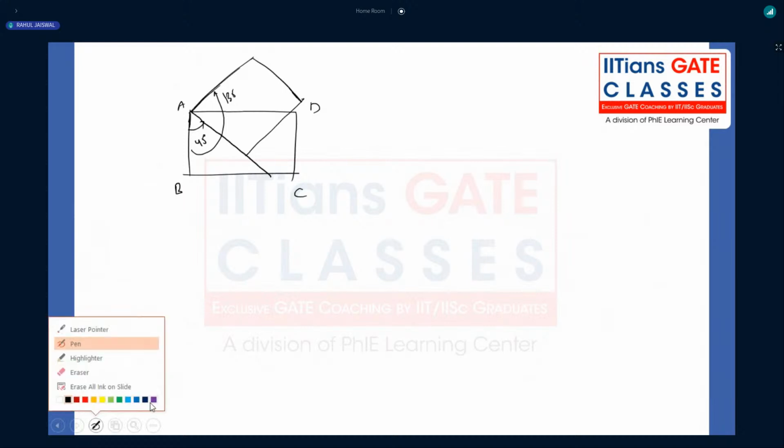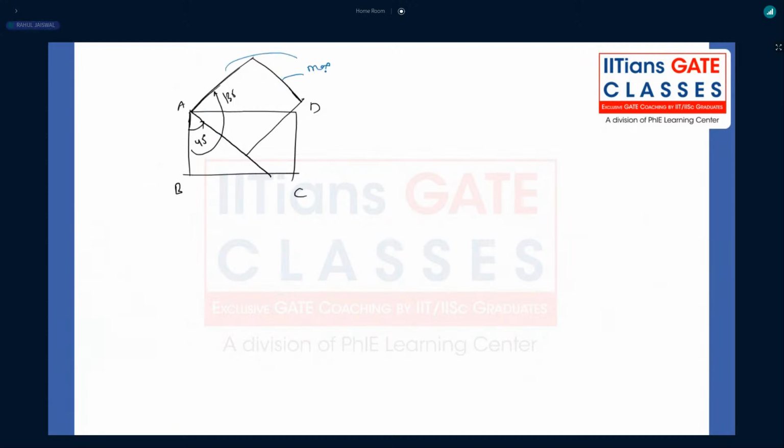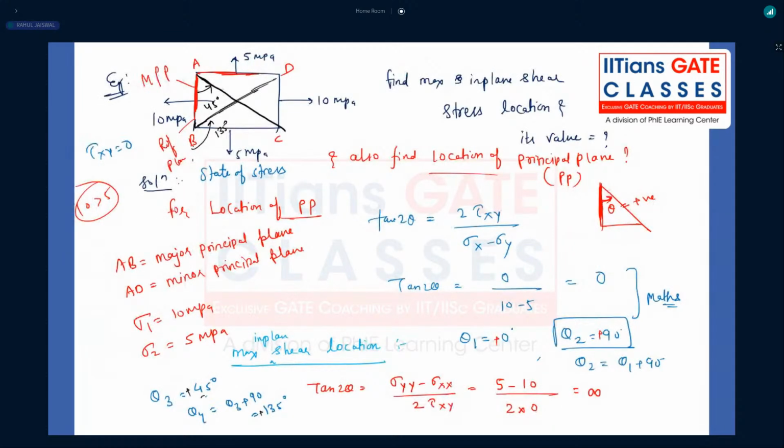That is the plane that is giving me the maximum in plane shear stress value, right? These are the maximum in plane shear locations. Getting my point? The same element, if you tilt it by 45 degree, you will be getting the other state of stress condition where the maximum shear stress will be acting. All of you are getting my point? Tell me guys.